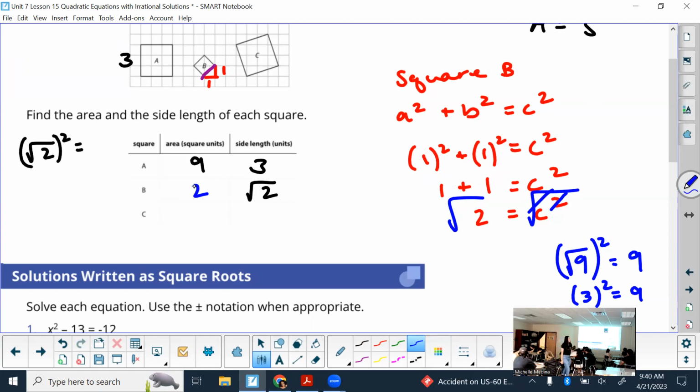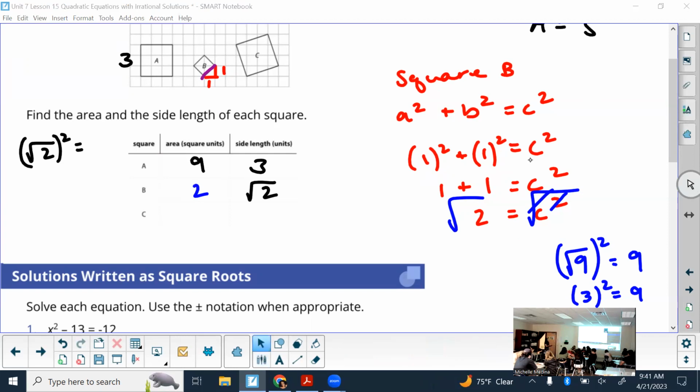Okay. So then C, now that I've taught you B, I hope you can figure out the side length and the area for C. So try that for about a minute. Now that I've shown you how to get there. So square C, what is the side length of square C?